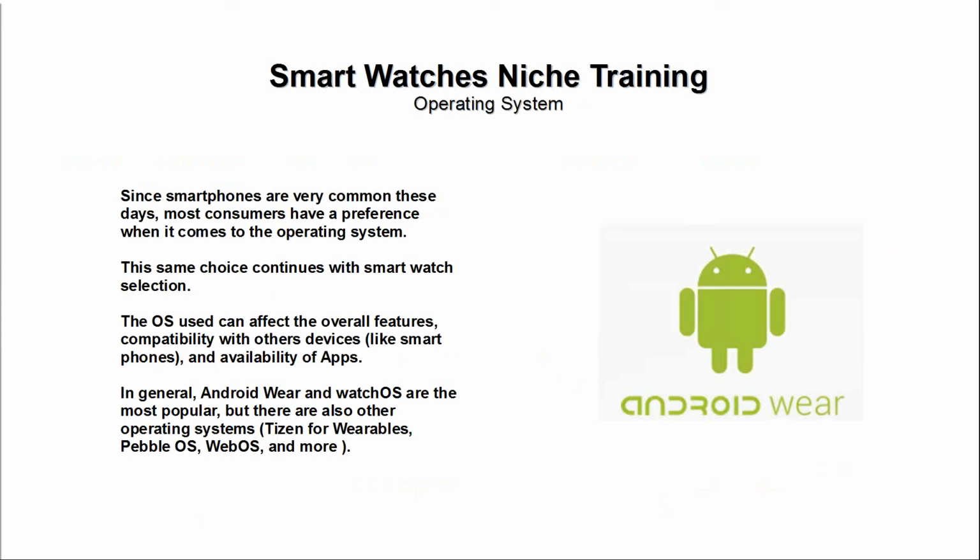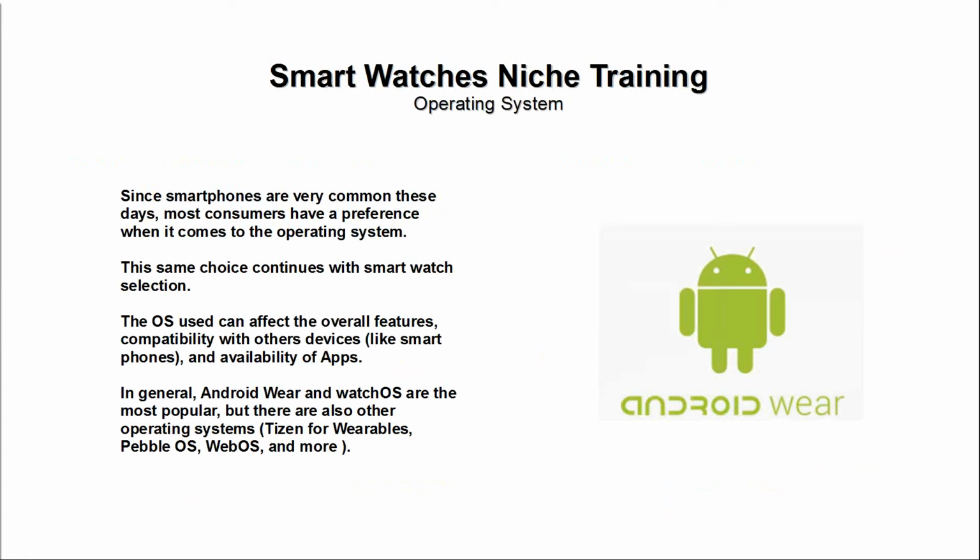Now, the operating system is also something that I consider to be really important. Since smartphones are so common these days, a lot of times people that are using smartphones already will have a predefined preference when it comes to the operating system that they like to use.